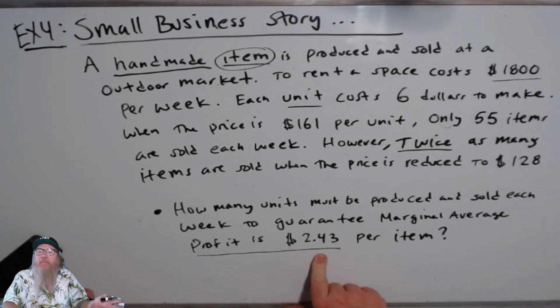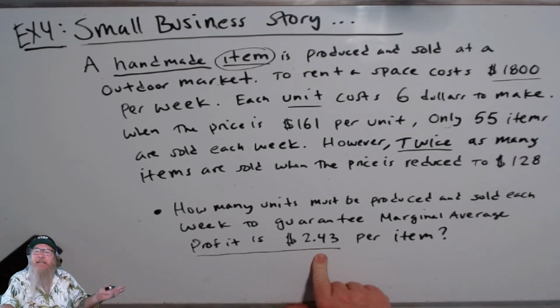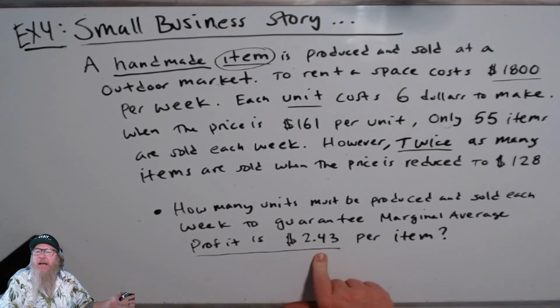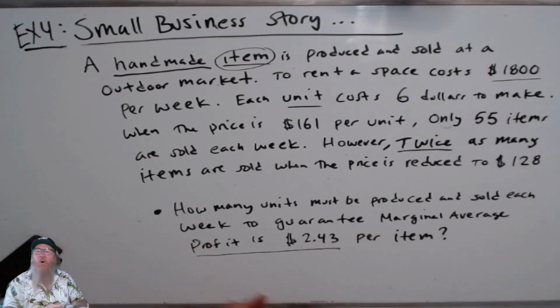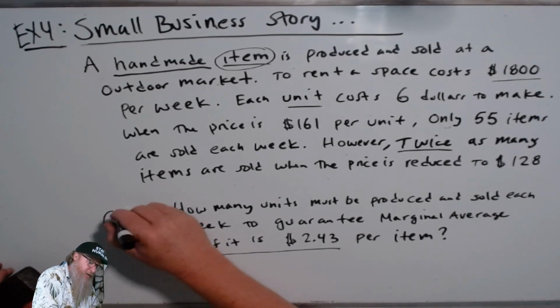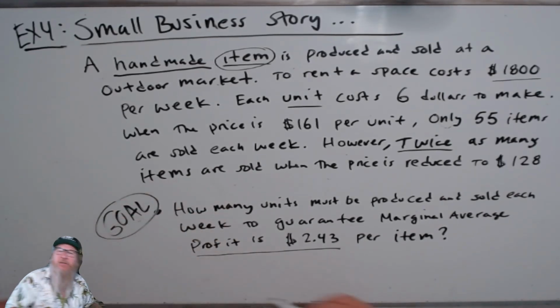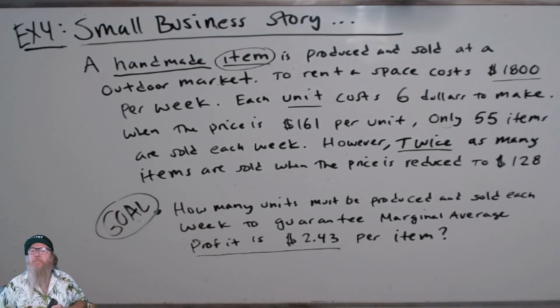How many of these am I going to make and sell each week, right? Now, of course, you can't guarantee that you're going to sell them all, but you can certainly have a target, a goal, right? And I want to be making an additional $2.43 on every item that gets sold. So I'm setting a production sales goal for my model.